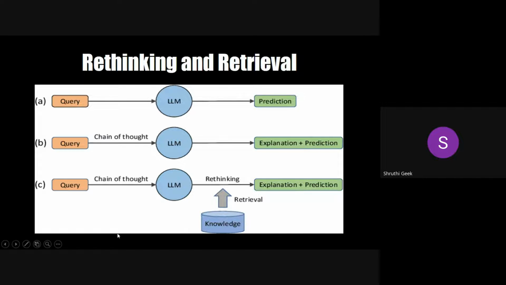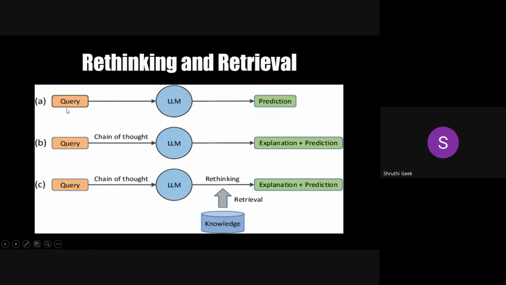Say, for example, there are 10 steps here. Then you have step 1, step 2, step 3, step 4, and at every step you want it to rethink: R1 with an E1 explanation, R2 with an E2 explanation, and so on, Rn with En explanation, out of which you pick the best one and give the answer.